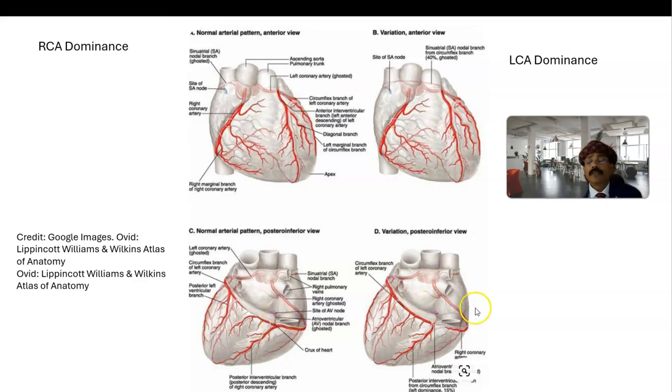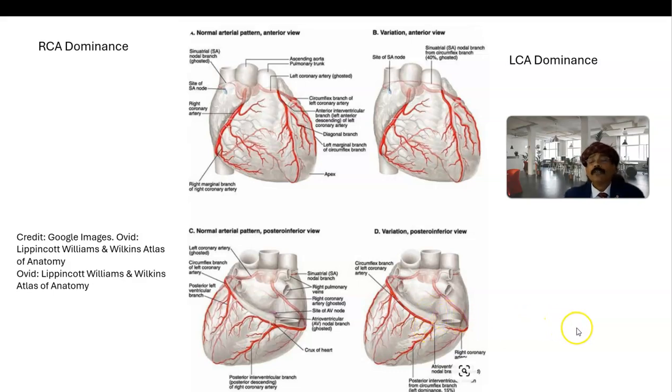Left side dominance may happen when the circumflex branch of left coronary artery continues as the posterior interventricular artery, posterior descending artery, from the crux. And in that condition, the AV node may get blood supply from the circumflex branch of left coronary artery.